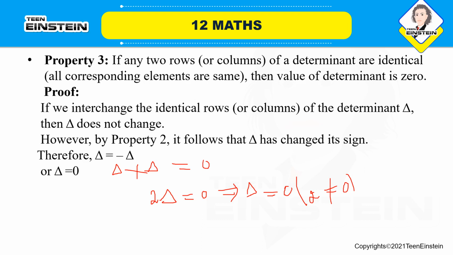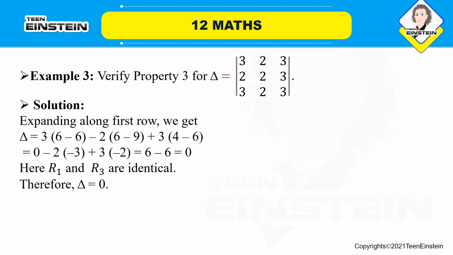Delta is 0, right? So this is property number 3. Property 3 says that if the elements of any two rows or any two columns of a determinant are identical, identical means the same, then the value of the determinant is 0.